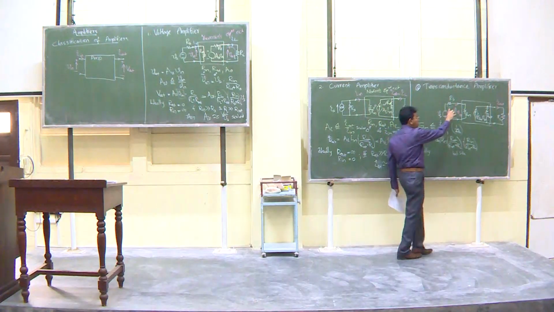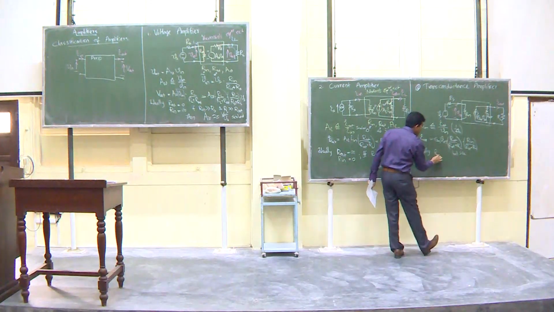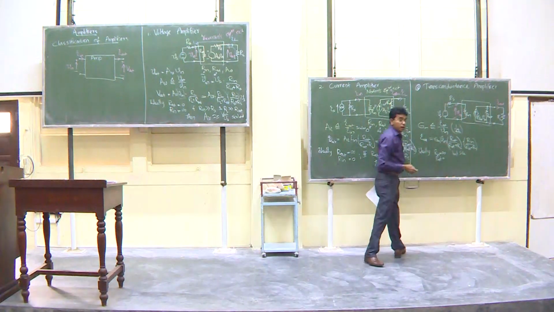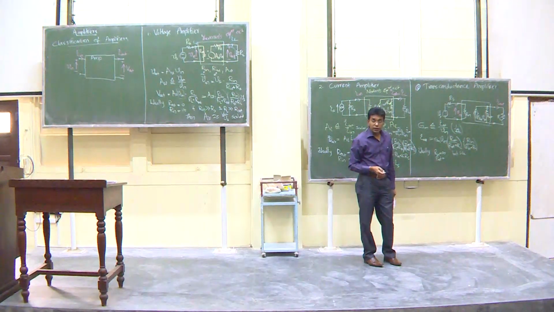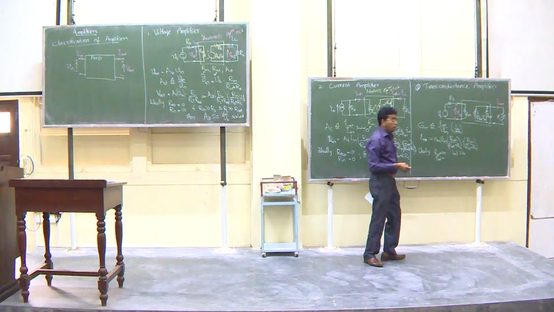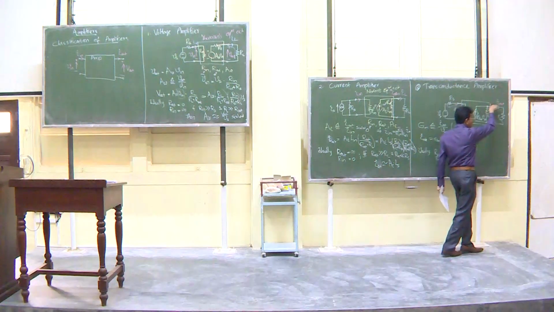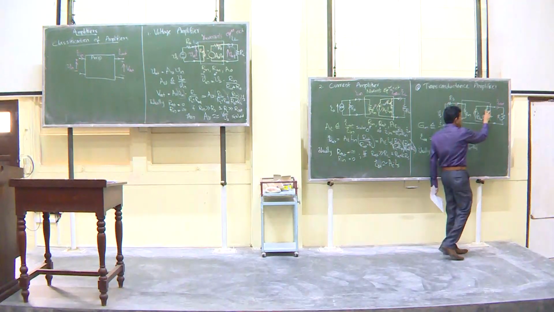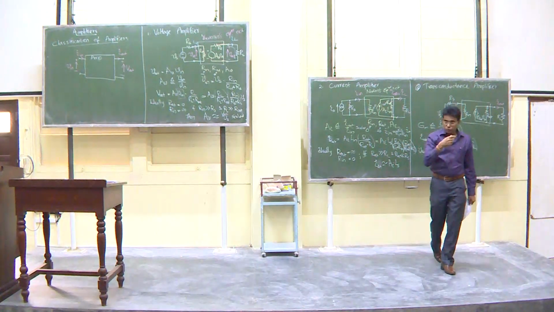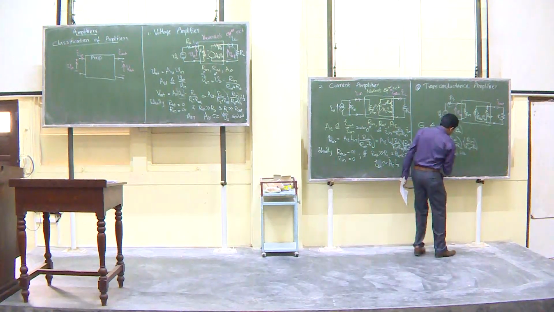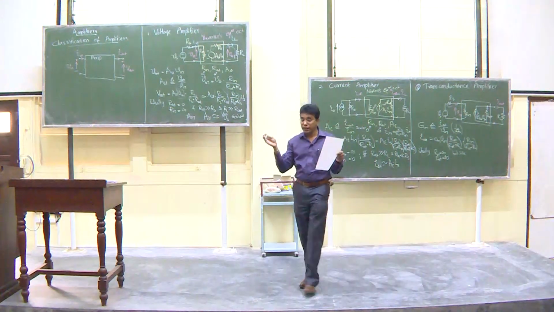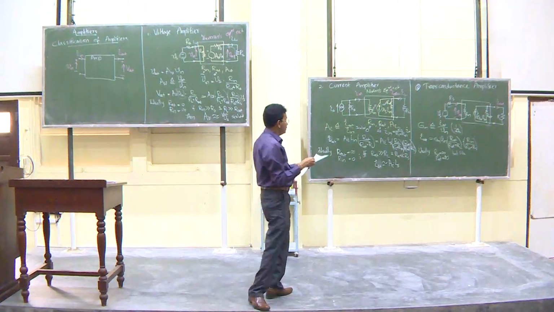Okay. Ideally, I want the whole voltage applied here, meaning that R in has to be infinity. R out has to be what? Infinity or 0? I want the whole current passing through this RL. Should this be 0? Infinity. So this is also infinity. Okay. They both have to be very large for transconductance amplifiers.